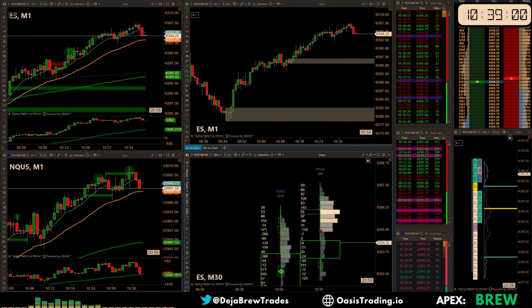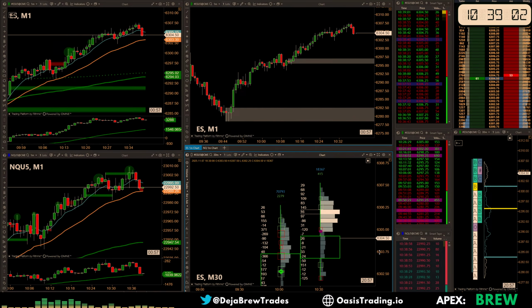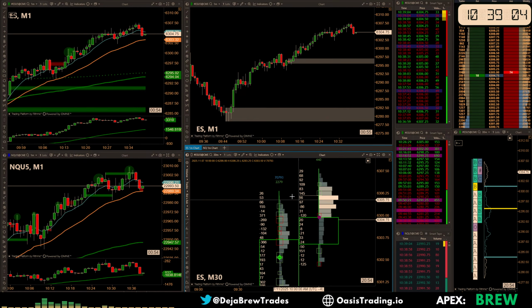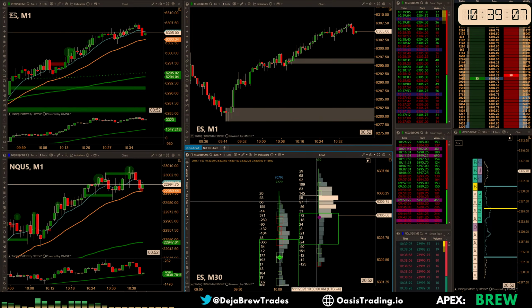That bear div giving you a little bit of sell pressure here, possibly looking for that single print going down to 300, putting in a 30-minute sweep, no absorption.